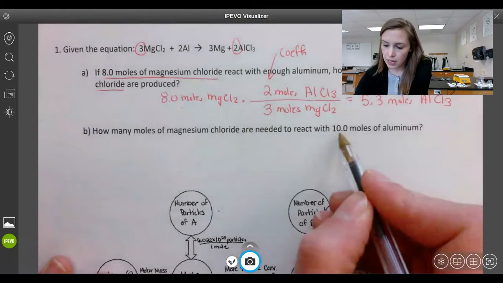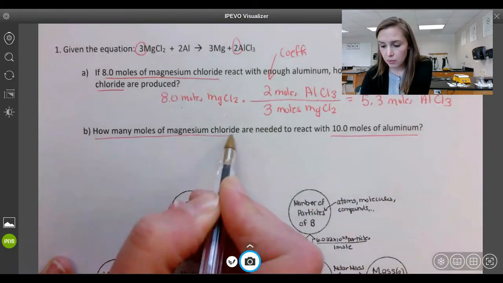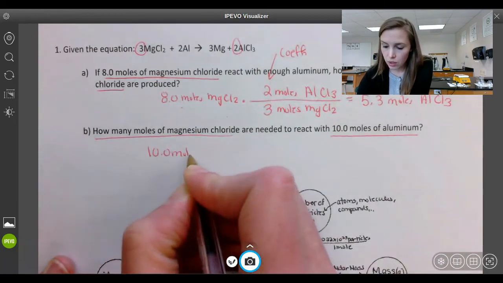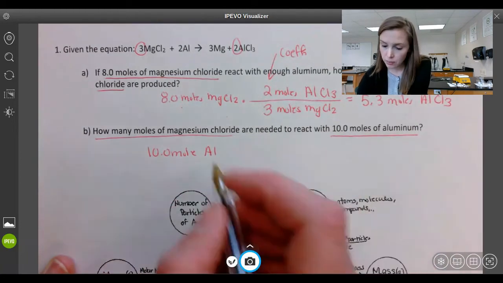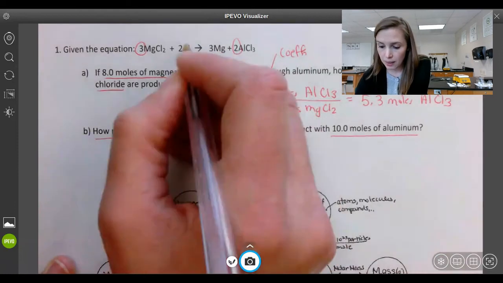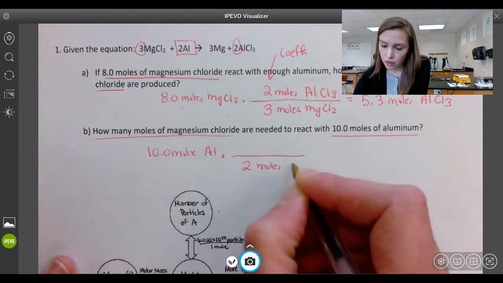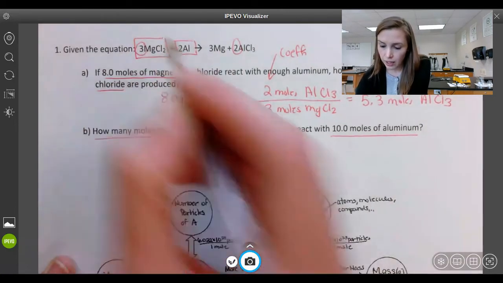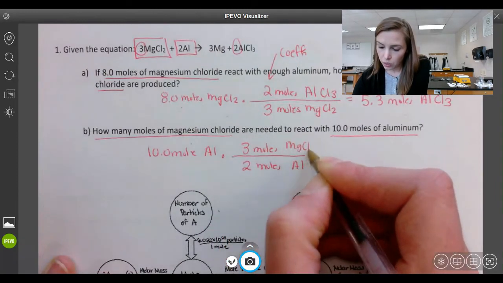So with this one, it's saying that we have 10 moles of aluminum. How many moles of magnesium chloride do I have? So I'm going to start with my 10 moles of aluminum. Okay, my given amount. This is the pure aluminum. So when I come up here to my balanced equation, this is showing me that for every 2 moles of aluminum, and we're looking for magnesium chloride, it will react with 3 moles of the magnesium chloride.